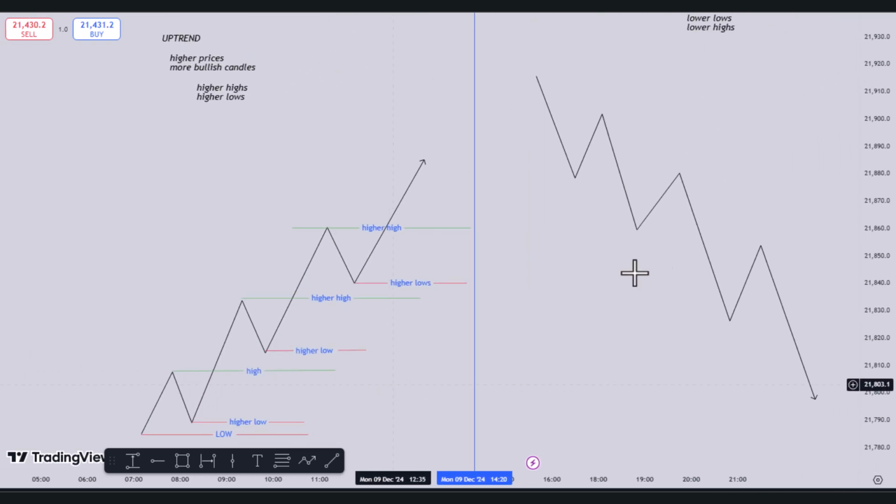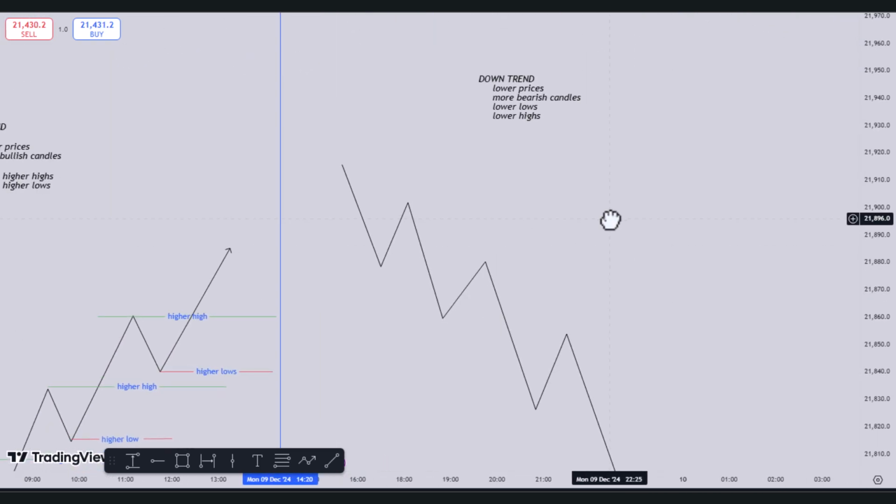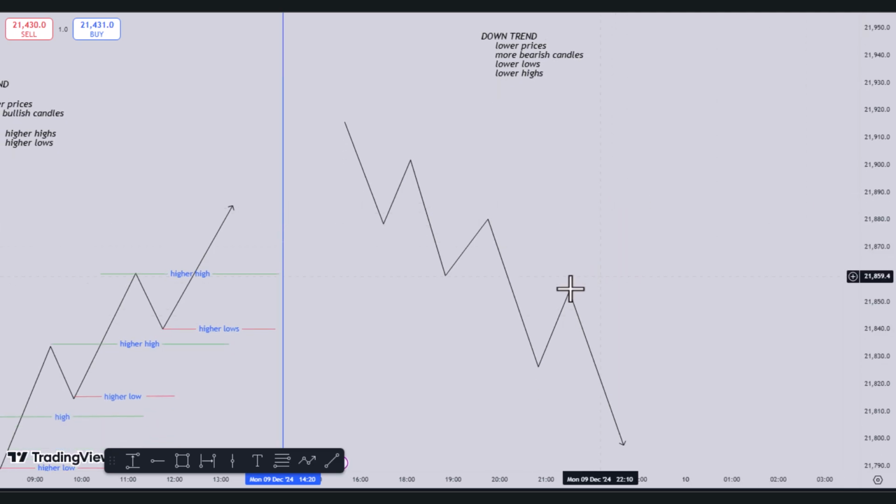So let's flip the coin to the bearish side in a downtrend. In our bearish trend, the price level we are aiming for is of course lower price, because every time we keep moving, for example from this price here, 21,900, to around here, 21,700, you can see that 21,900 is higher than 21,700.